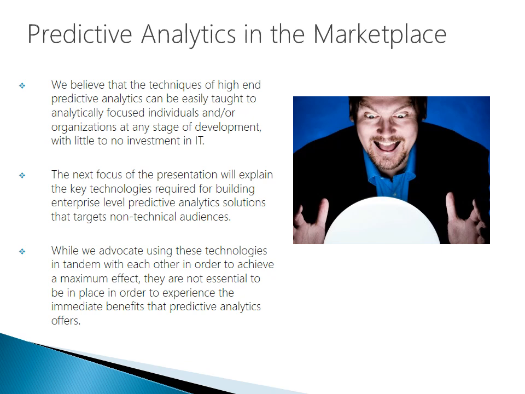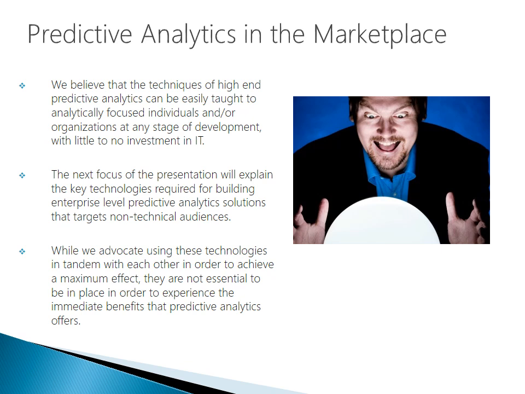While I advocate using these technologies in tandem with each other to achieve the maximum effect, they're not essential to be in place in order to experience the immediate benefits that predictive analytics has to offer. So when we're talking about enterprise-level solutions, having servers of information, a BI infrastructure, structured databases, big data solutions, these are all great, and you should couple them together.